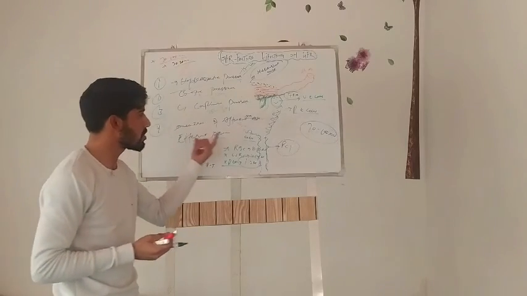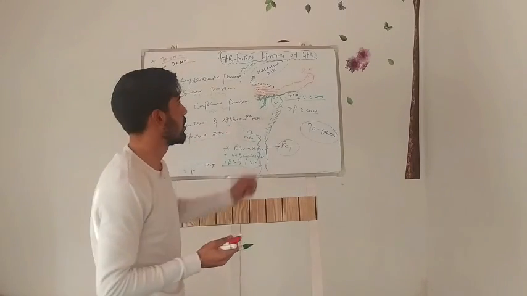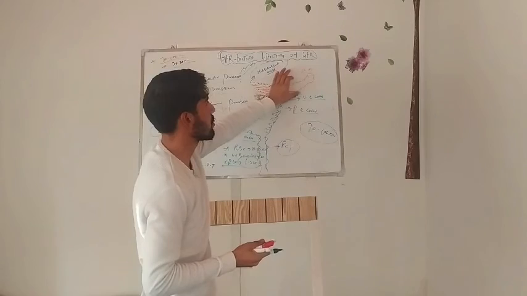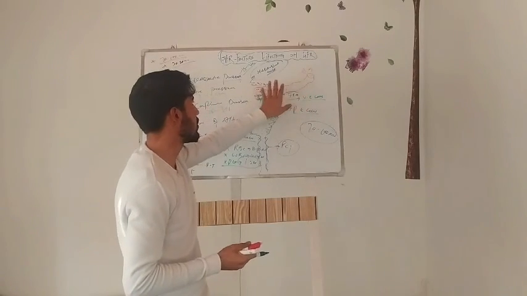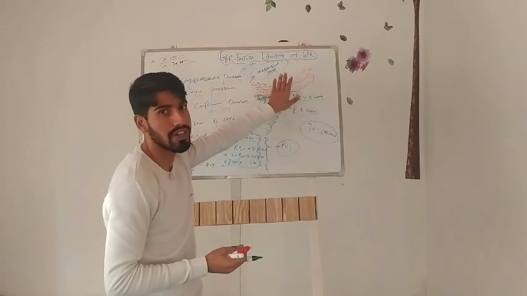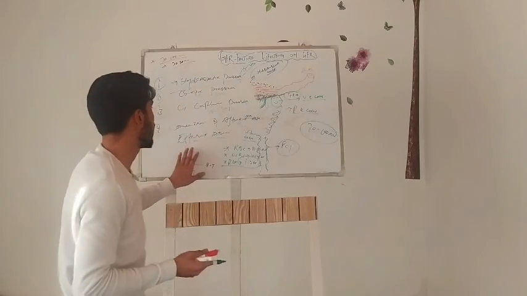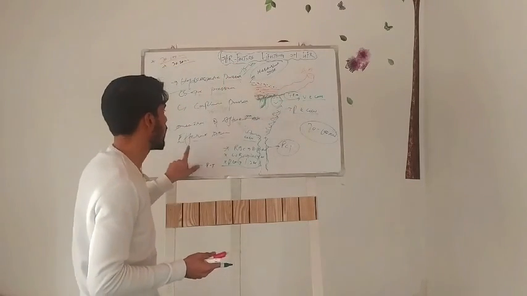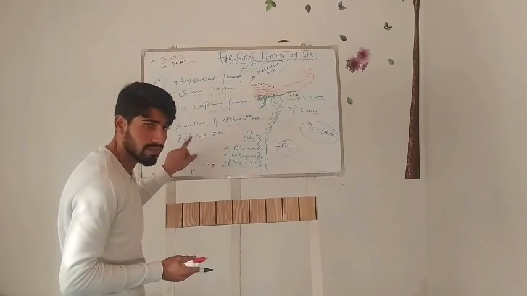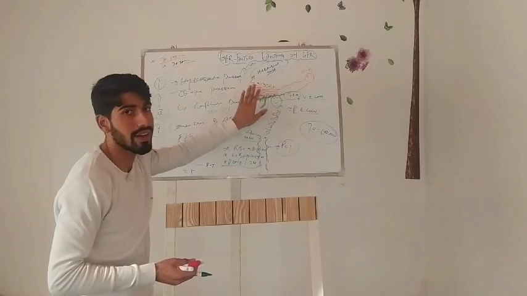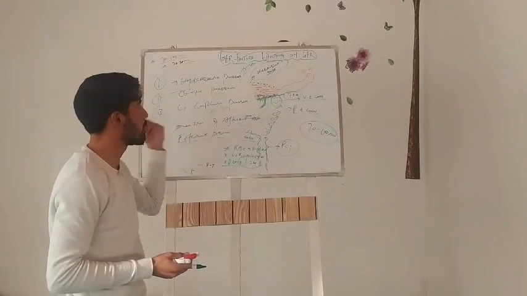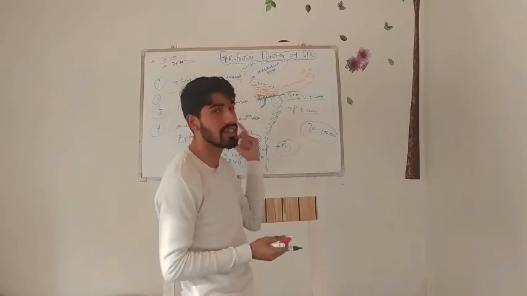Here is also the characteristic of the afferent arteriole. If some obstruction occurs in the afferent arteriole, the GFR decreases or reduces. So these are some factors which can affect the GFR.